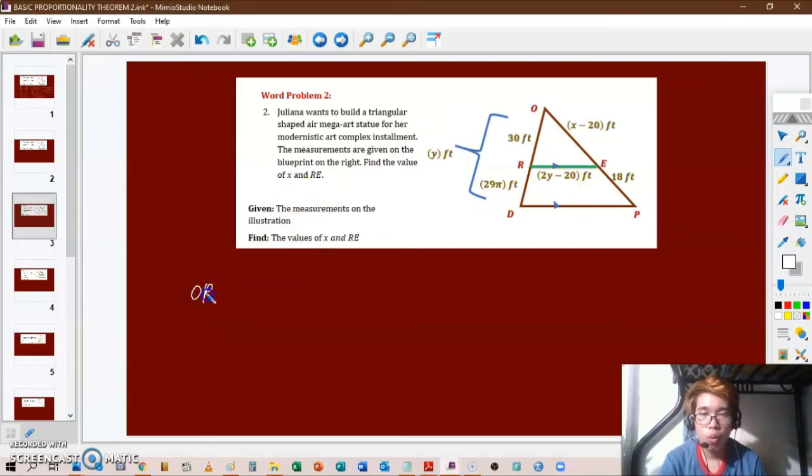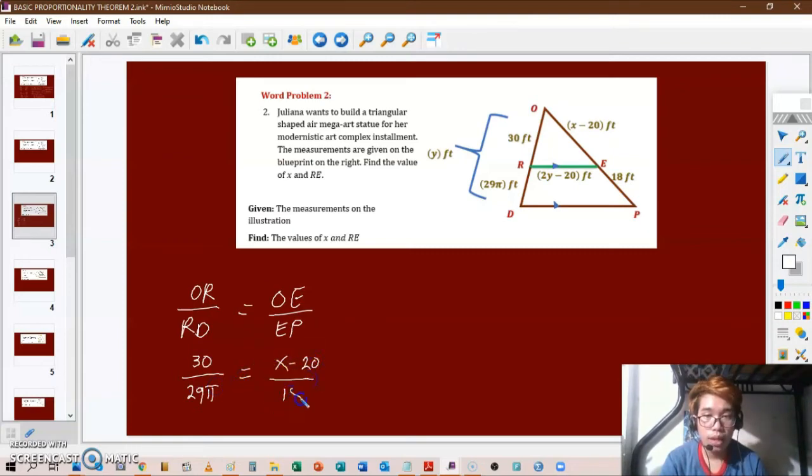We can write OR over RD equal to OE over EP. We know that OR is equal to 30, RD is equal to 29 pi, OE is equal to x minus 20, and EP is equal to 18. Using cross multiplication, 30 times 18 is equal to 29 pi multiplied by the quantity x minus 20.